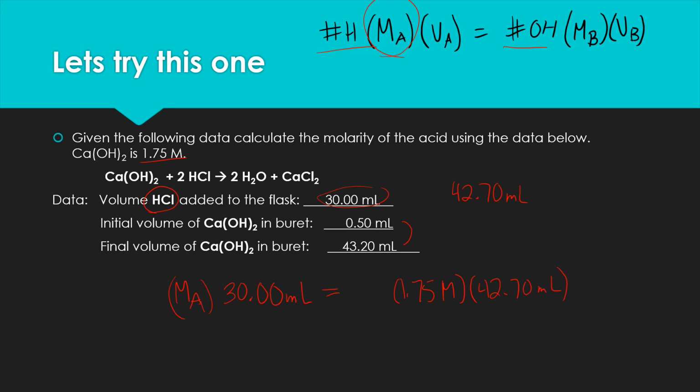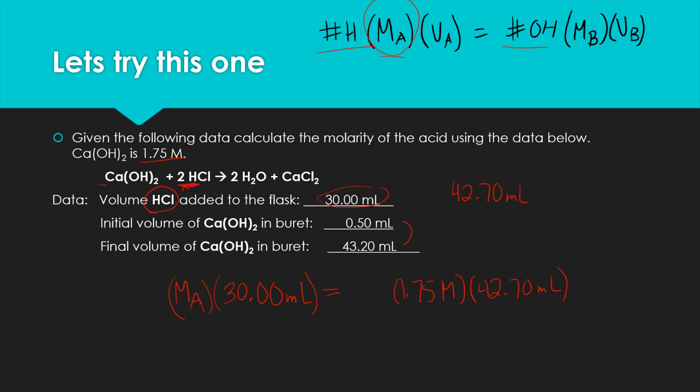Now, these number of hydrogen and number of hydroxide come from our balanced equation. So our number of hydrogen that are reacting, our hydrogen comes from our acid. So we have two of those reacting, two HCl's are reacting for every one calcium hydroxide. Oh, sorry, excuse me.